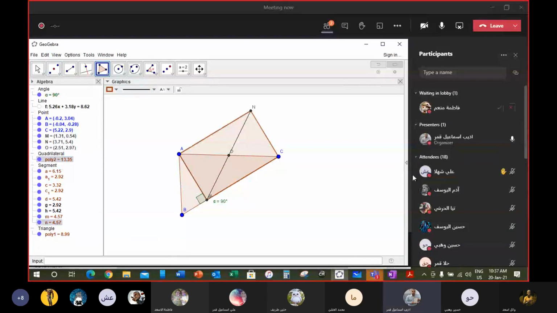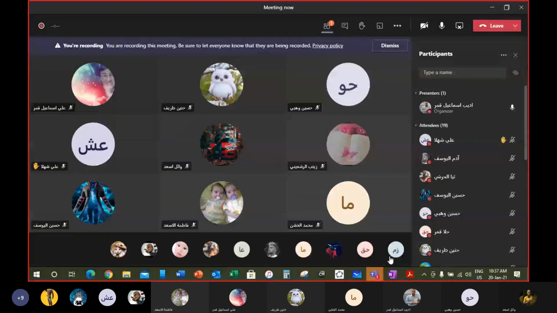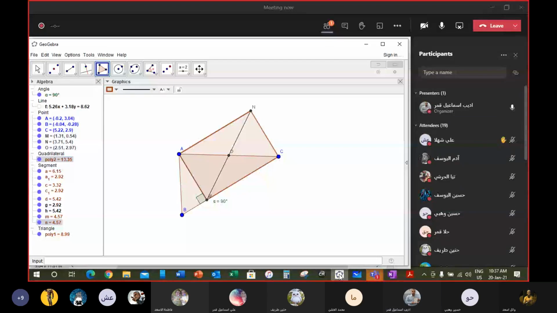So this is the figure. Required to prove that AMCN is a rectangle.